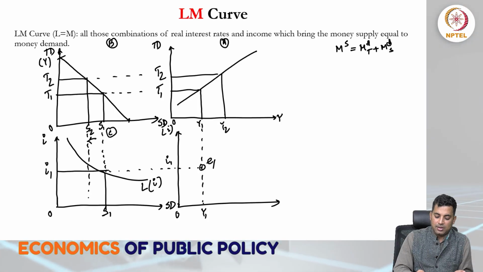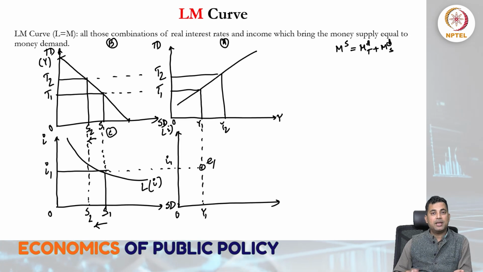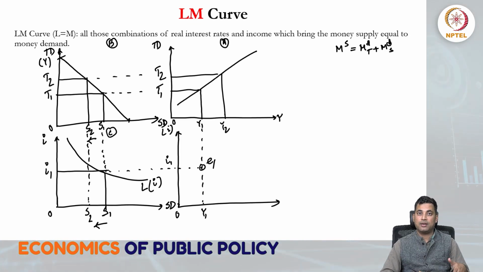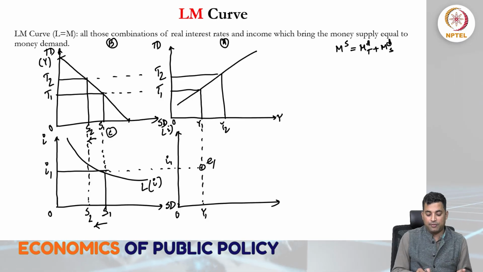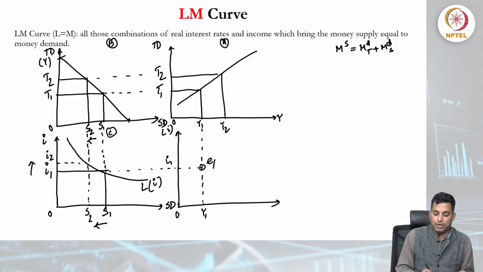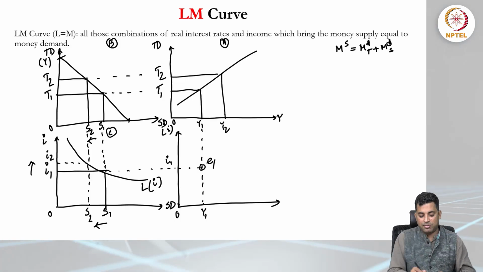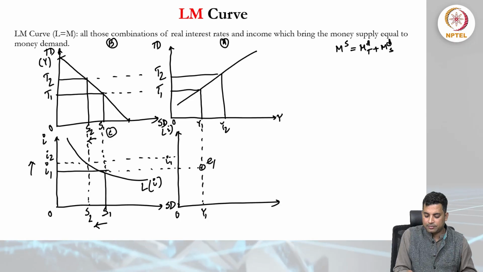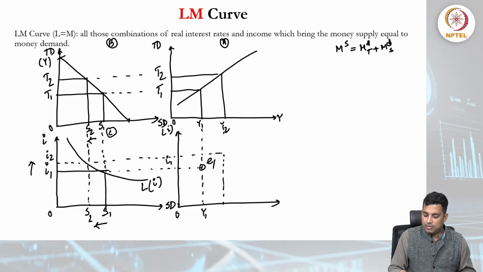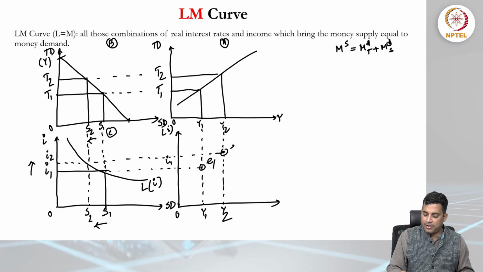If speculative demand for money is reduced, it means money is becoming costly, so the rate of interest will go up, say to I2. Here is the inverse relationship between speculative demand for money and rate of interest. With a higher level of output, we get a higher rate of interest.